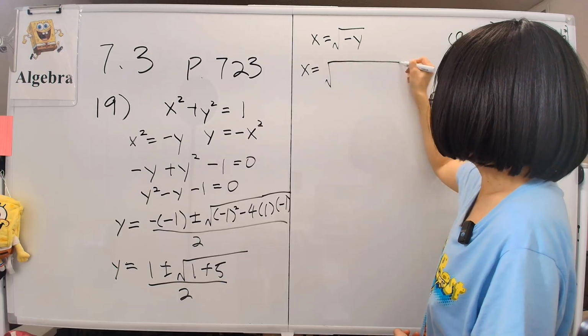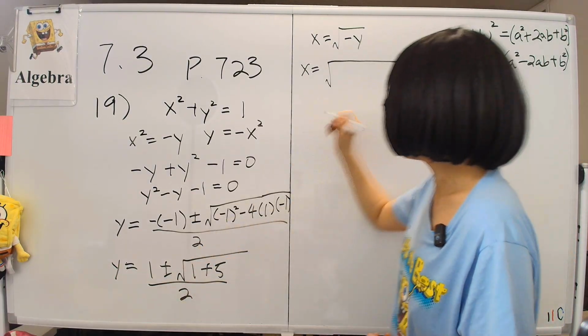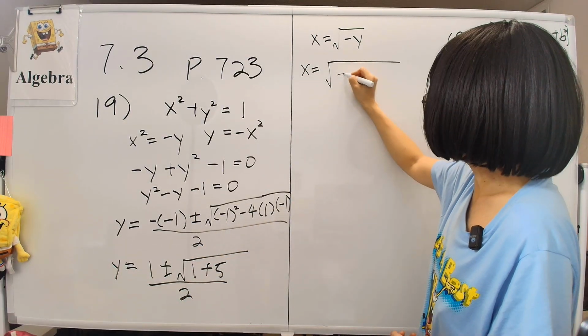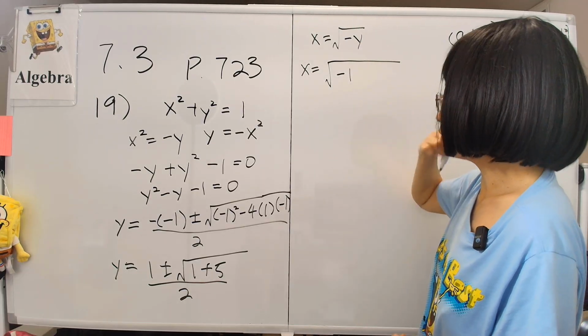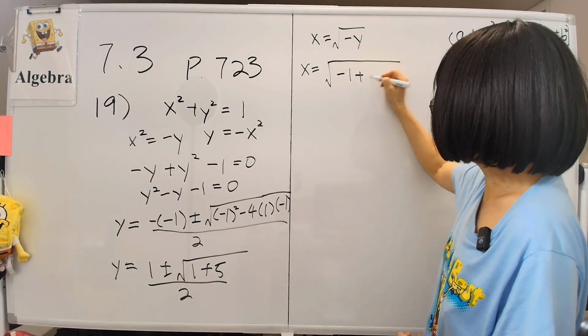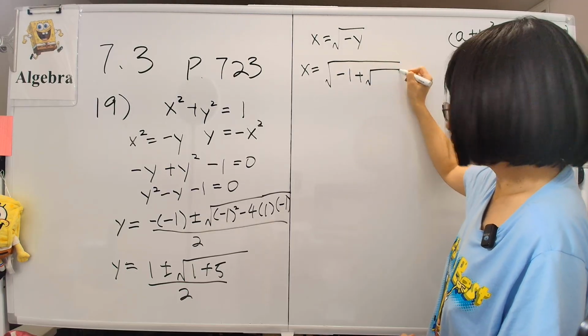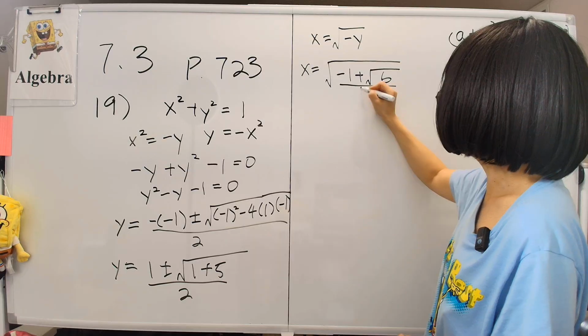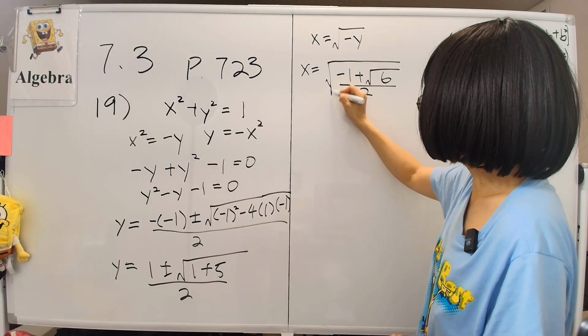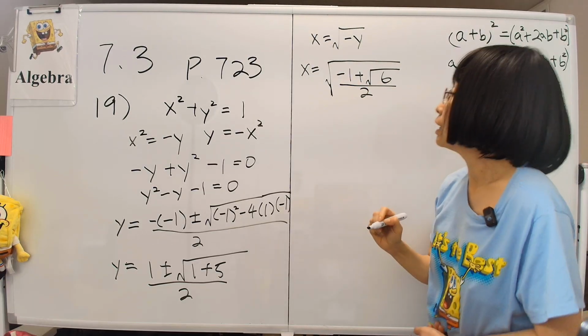So minus y equals, to stick a minus sign here, minus 1, and then we have a plus. Let's write down the plus 1. Plus 1 plus 5 is 6, and then the whole thing divided by 2, and the square root sign extends all the way over the 2, which is fine.